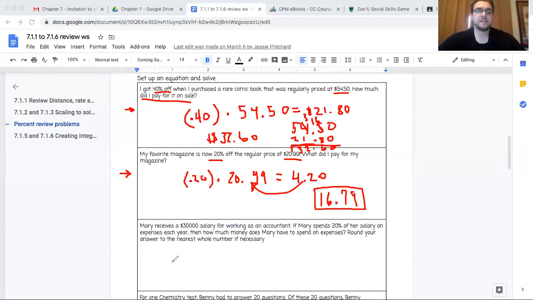All right, let's move on to this one now. It says Mary receives a $30,000 salary for work as an accountant. If Mary spends 20% of her salary on expenses each year, then how much does Mary have to spend on expenses? Round your answer to the nearest whole number if necessary. Okay, so we know that Mary is receiving $30,000 for her salary.